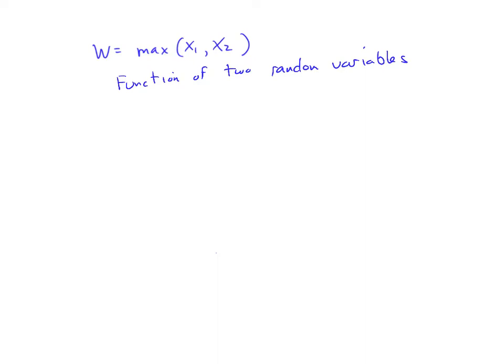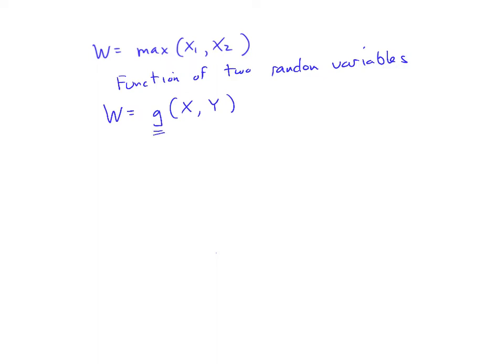In the case of two random variables, the situation typically is we have W as some function g of X and Y. And we'll use X and Y, although we could just as well have used X1 and X2 for the names of the random variables. And this function g is just some deterministic function.